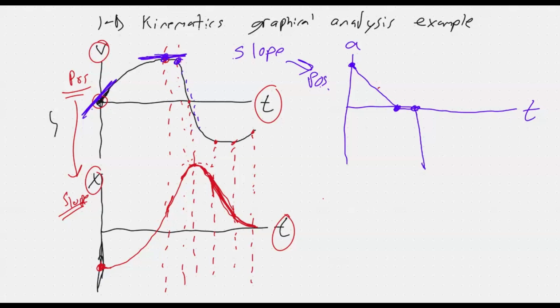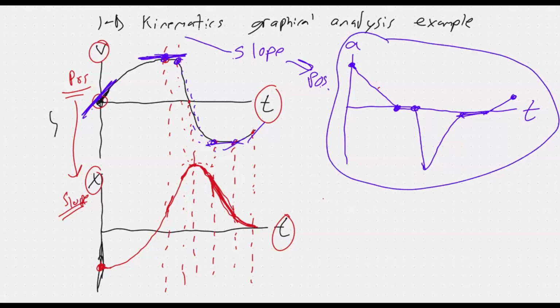So you'd have something like that. It then stays 0 between these 2 points. That's roughly 0. And then becomes slightly positive and increasingly so, which would look something like that. So this acceleration versus time graph would be compatible with this velocity versus time graph, which in turn would be compatible with that position versus time graph.